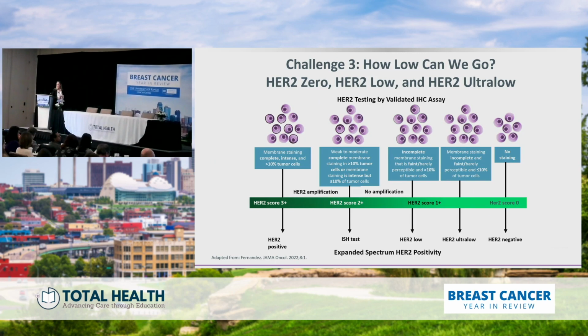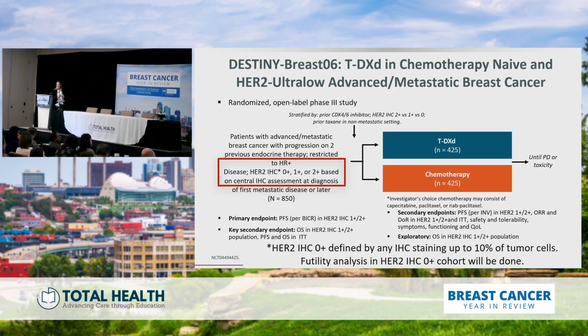And how low can we go? We've talked today about HER2 true zero versus HER2-low and HER2 ultra-low, and we are highly anticipating the results of the ongoing DESTINY-Breast06 study.